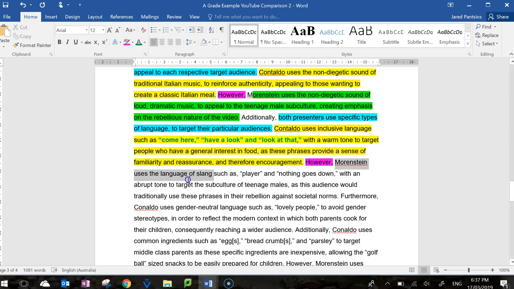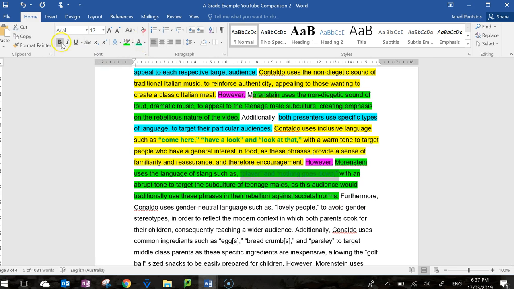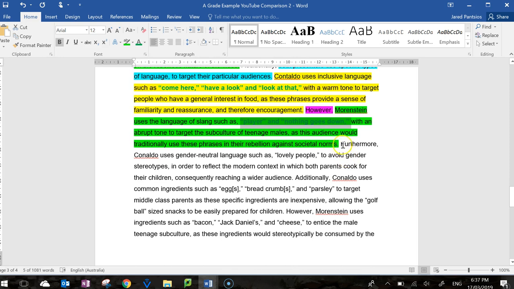"Morestein uses the language of slang," so you could just say colloquial slang or language, or sorry, slang, and they reference this. So let's make that green, okay, and player, and nothing goes down. "Furthermore, Cantado uses gender-neutral language such as lovely people to avoid gender stereotypes," which is true.